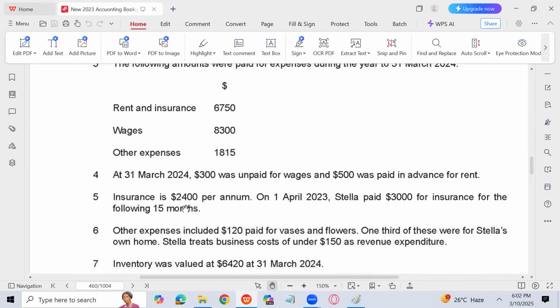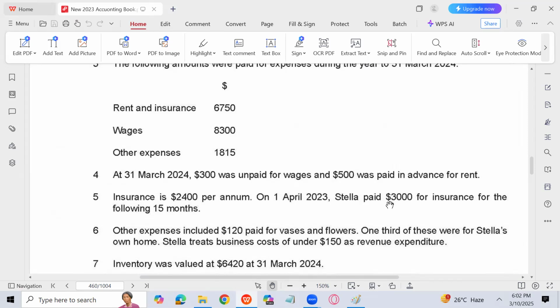Let's make it more simple. Insurance for the whole year, that is 2400. So we have paid the insurance of 3000. It means that 600 has been paid in advance, in simple words. So I will subtract 600 from the rent and insurance 6750. But in short, how I have calculated: we have paid the insurance of 3000 for 15 months.